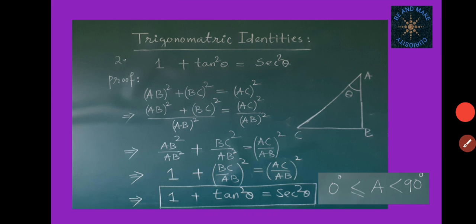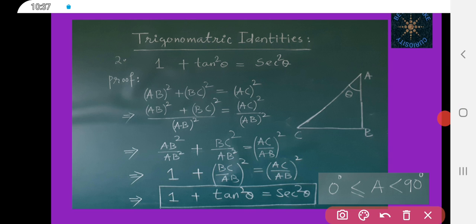Next, trigonometric identities. 1 plus tan square theta is equal to sec square theta. Here angle A, that is theta.